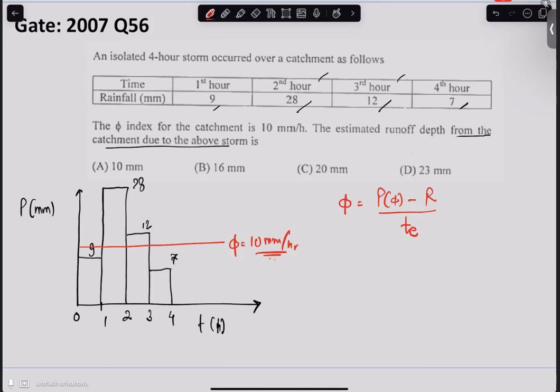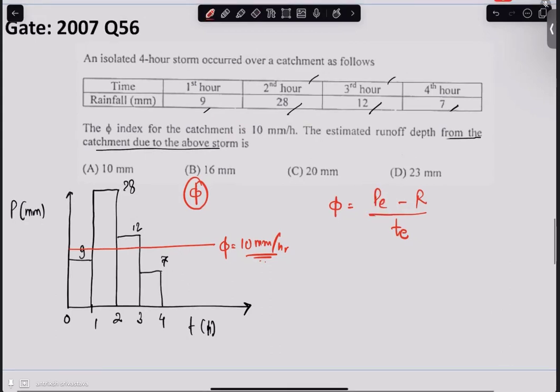So basically, we assume a phi index, then calculate PE minus R divided by TE, and then check whether the phi index we have gotten satisfies the criteria of all these precipitation events being greater than the assumed phi.